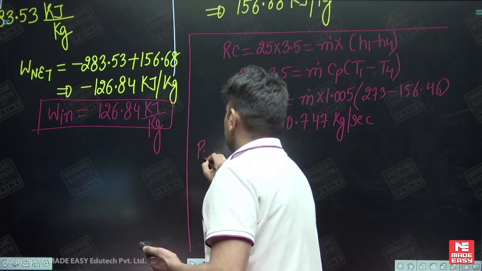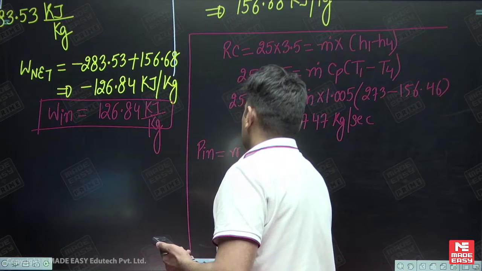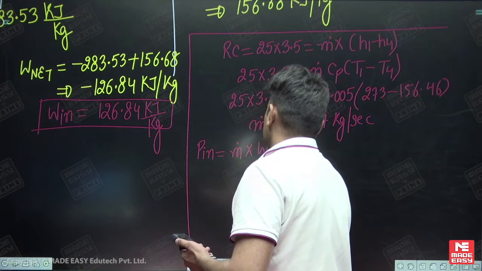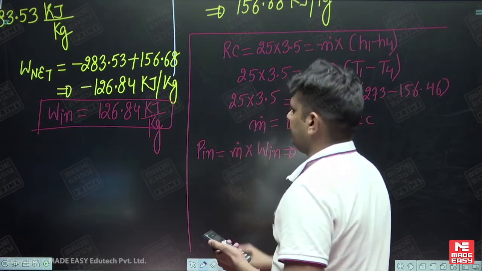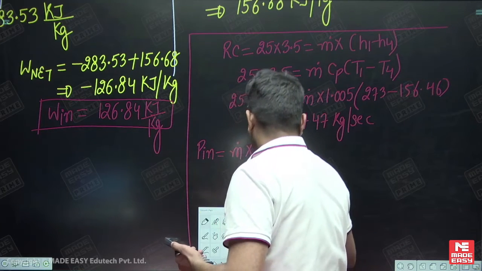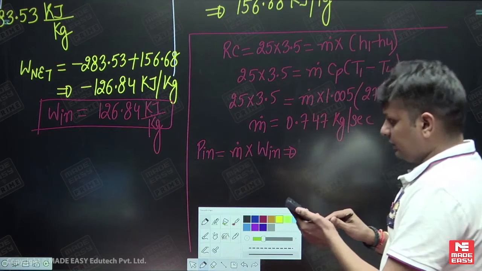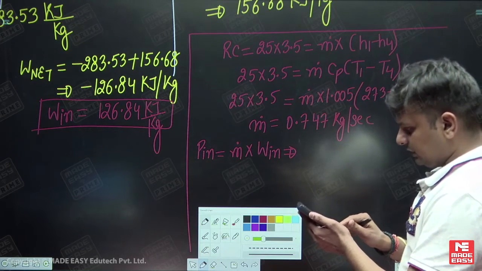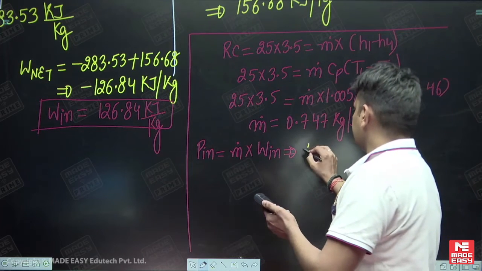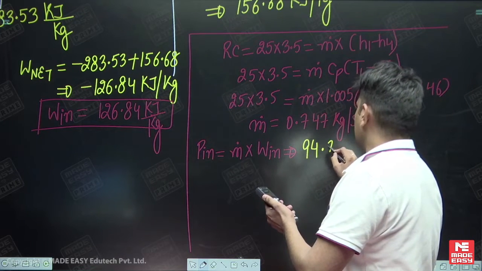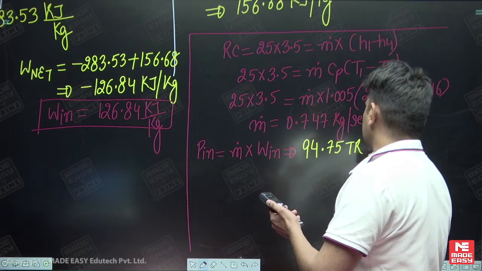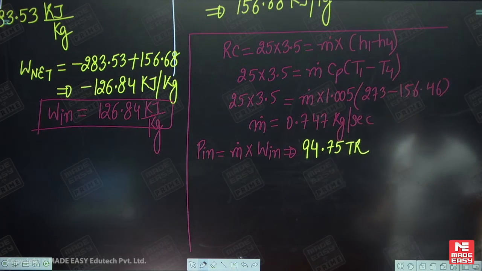So now if you want the answer of power input, it is mass flow rate into work input. Okay, so the value of work input is already calculated, 126.84. It is coming out as 94.75 per tons of refrigeration.